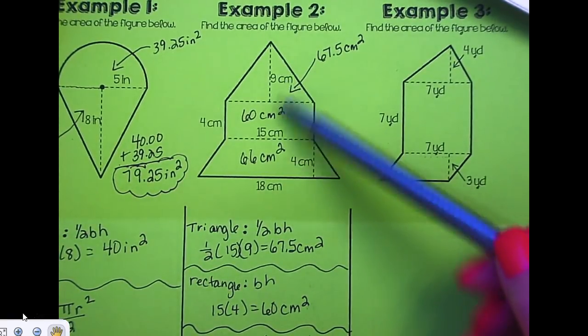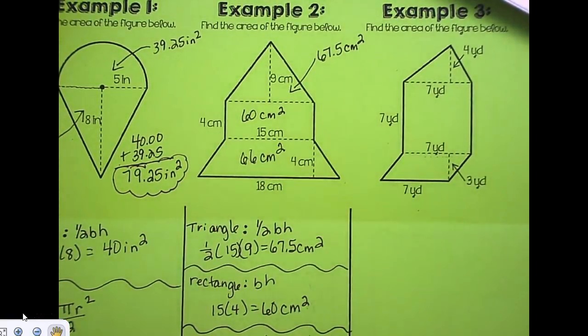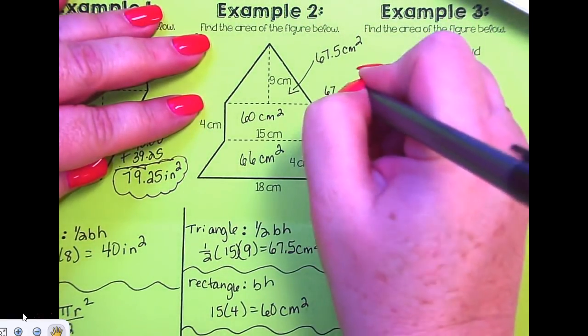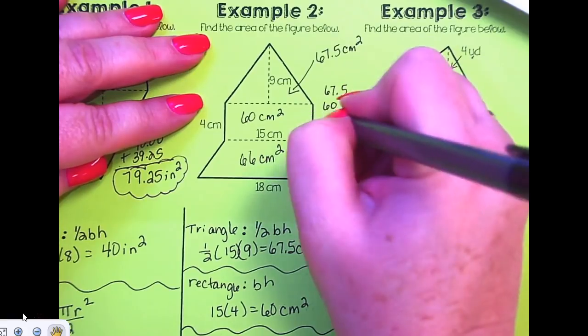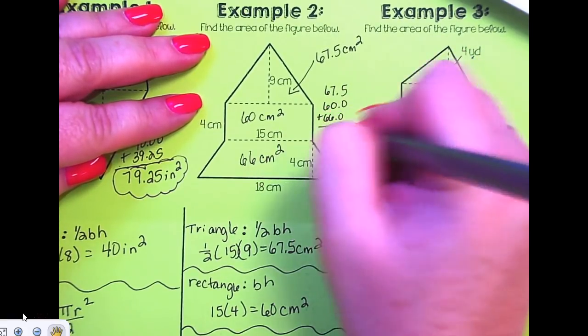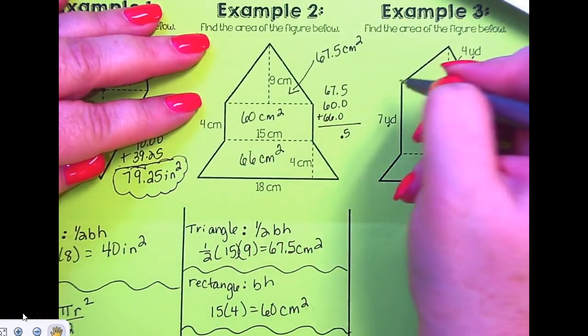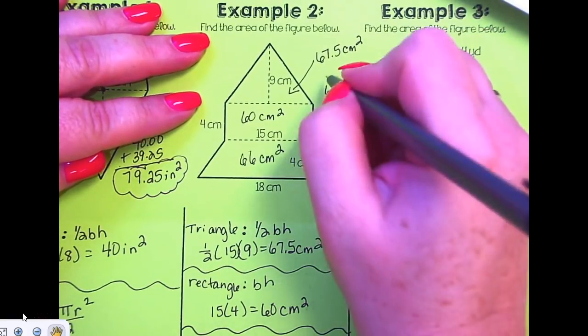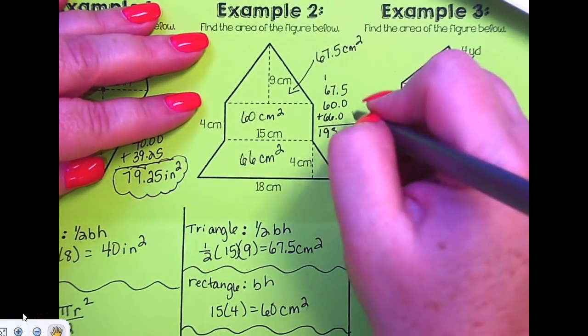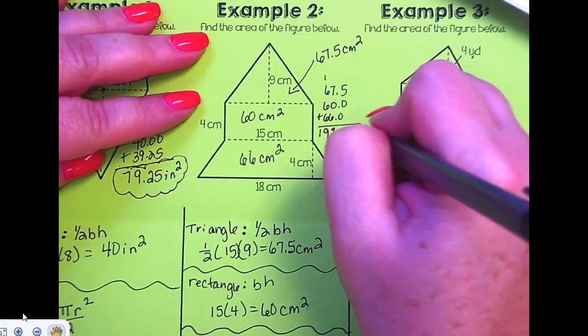Now what do we do? We know that this is 67 and a half, this is 60, this is 66. So how do I find the area of the whole shape? What do you think, Aiden? Add it together. 67.5 plus 60 plus 66. 193 and 5/10 centimeters squared.